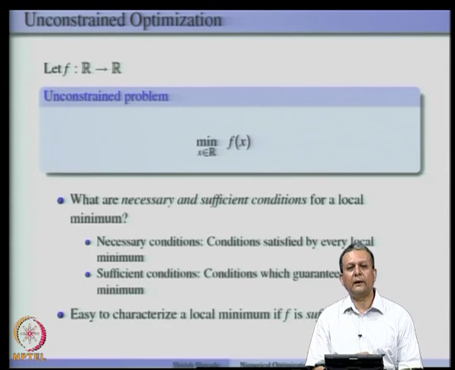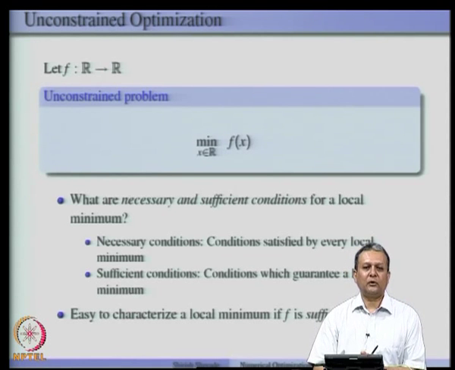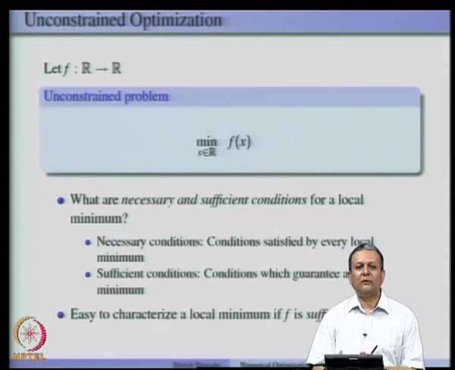That is the next question that we would like to answer, because again we do not want to look at a local neighborhood around x star and check whether the value of the function exceeds the value of the function at x star, because there could be infinitely many points in the neighborhood, and we do not want conditions which require finding different points in the neighborhood and checking the function values. So, instead, is there any algebraic approach to check whether a particular point x star is a local minimum?